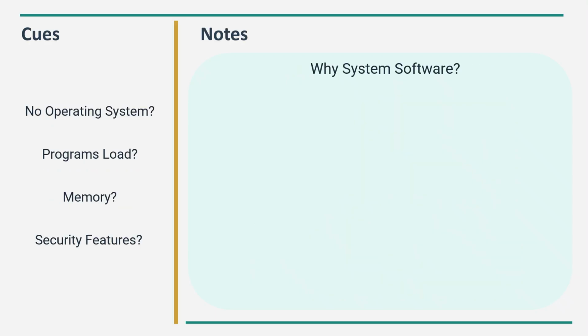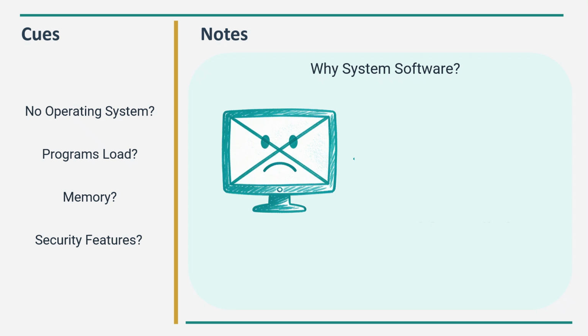Now the big question, why system software and why is it so important? Imagine a computer with no operating system. You would not even be able to reach the usual desktop and you would not be able to run any applications. The OS is responsible for loading programs into the memory, giving each program time on the CPU, reading and writing files to storage, and sending output to the screen and printer.